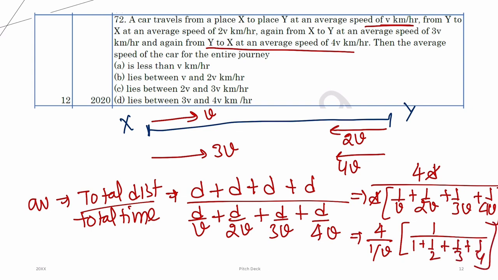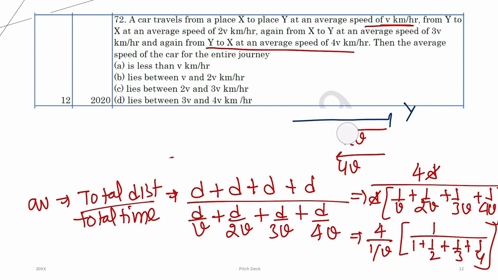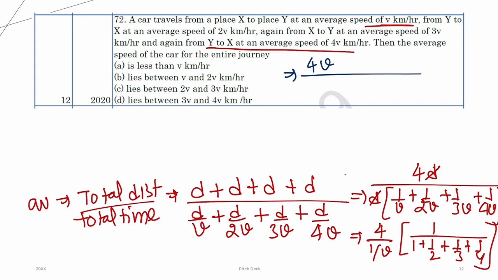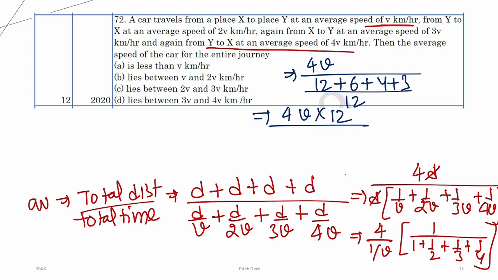Right? So solving this, you get the value as 4v divided by the denominator. Let's take a common denominator of 12. So that is 12 plus 6 plus 4 plus 3. Right? So 4v into 12 divided by, I'm just simplifying it. 6 plus 4 is 10, plus 15 is 25.